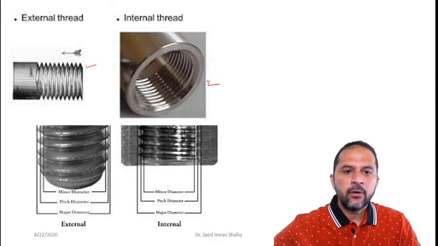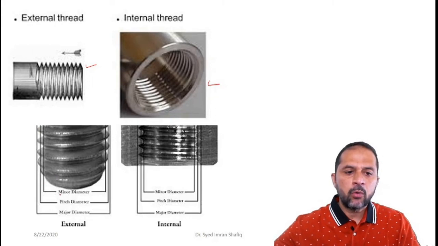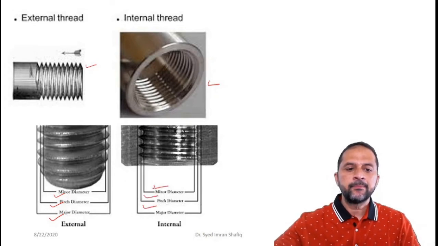inside the diameter. There are various terms that one should know related to threads: minor diameter, pitch diameter, and major diameter. Similarly, in internal threads there is minor diameter, pitch diameter, and major diameter.